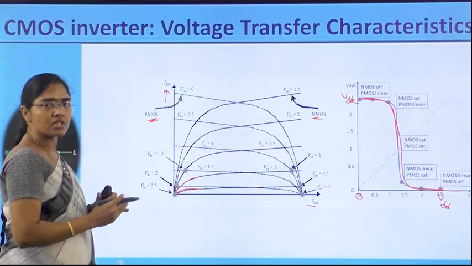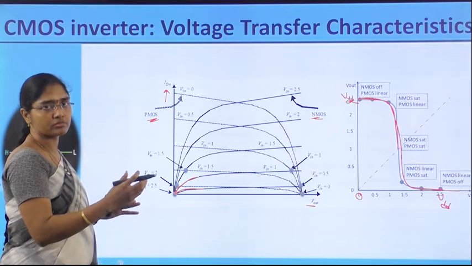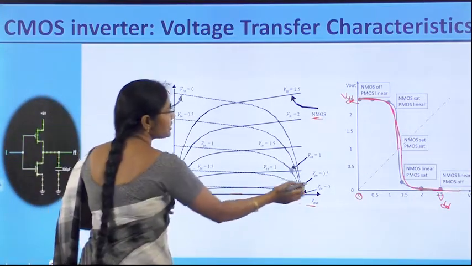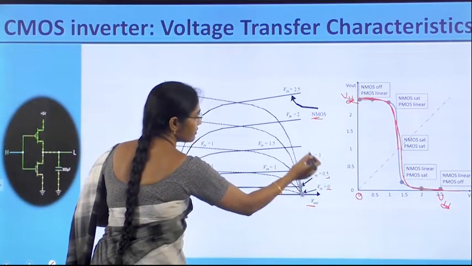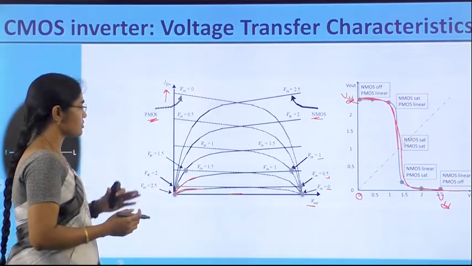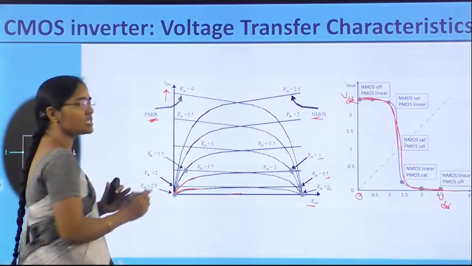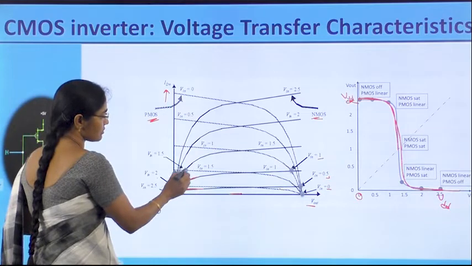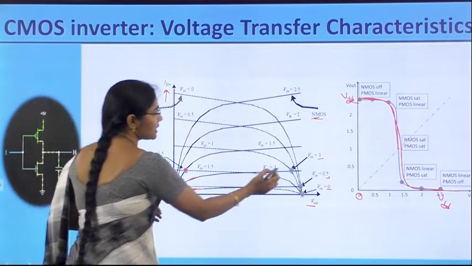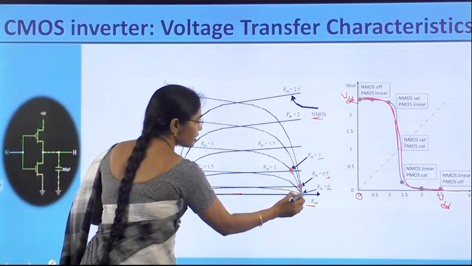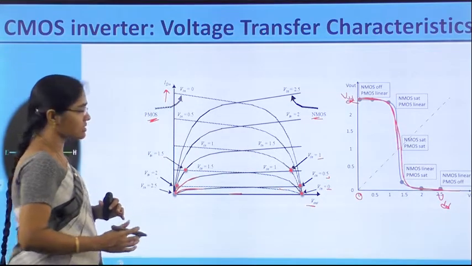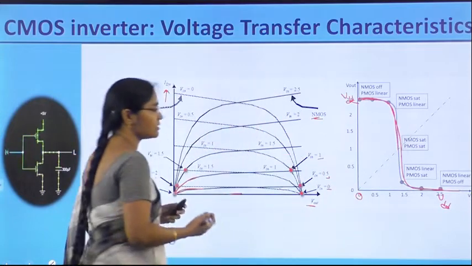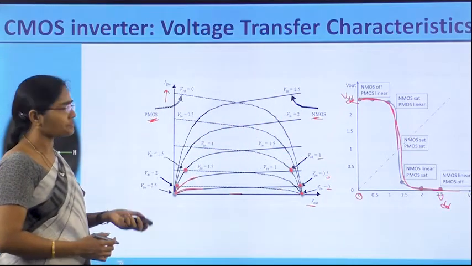We superimpose these for equal values of VGS, that is when VGS is equal to 0, 0.5, 1 and so on. So VGS is increasing, Vin is increasing. Taking the overlapping points of the NMOS and PMOS characteristics and plotting these points, we will get the transfer characteristics.